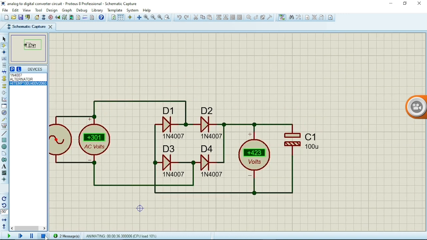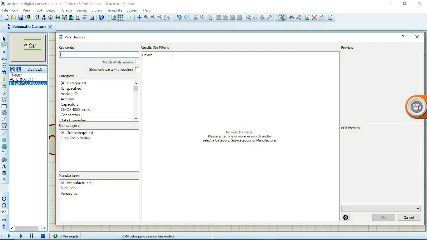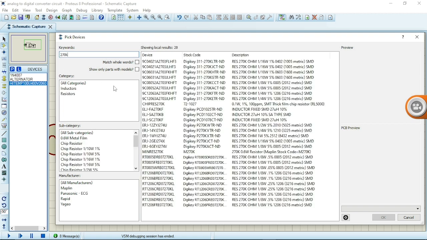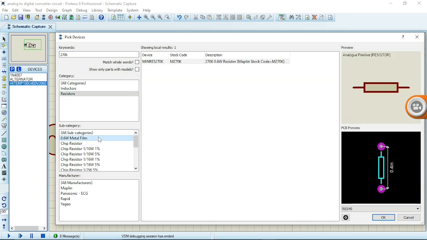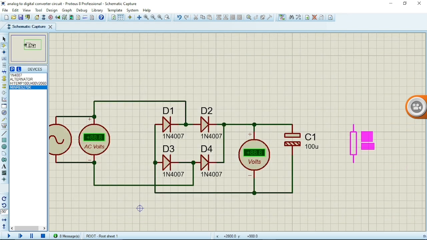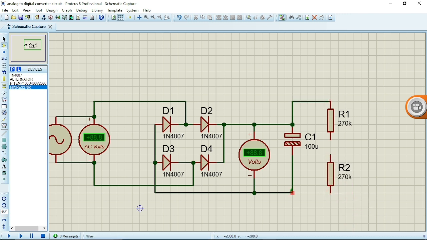The first thing I'm going to be doing is reduce this voltage. It's actually too much, so I'll go for a voltage divider. Let me go for a 270k resistor. This one is connected with this one, and we have this one to be ground.